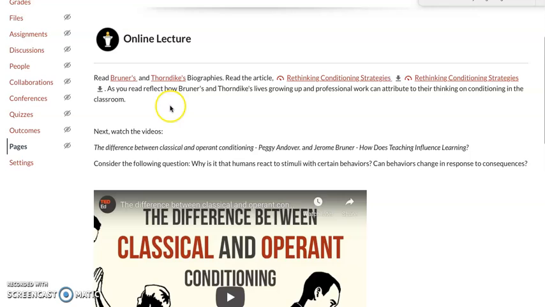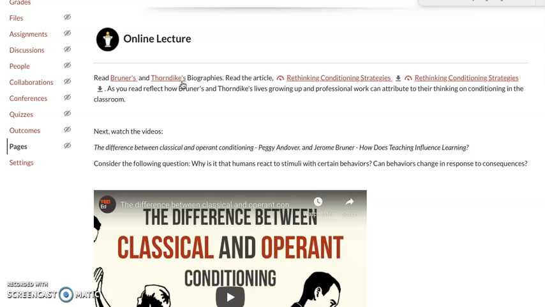You can see I've included Bruner's and Thorndike's biographies, and I think it's really important, as we are learning about theories that these people have created, to really understand who they are, how they were raised, at what time in the world and where in the world they were raised, and how those things have influenced their thinking.